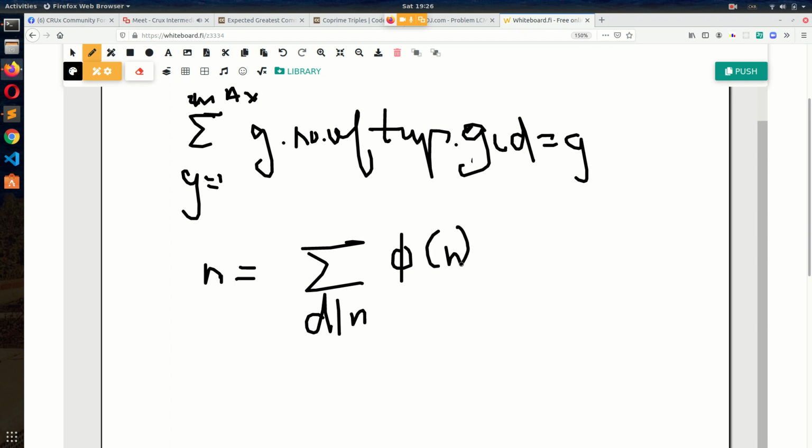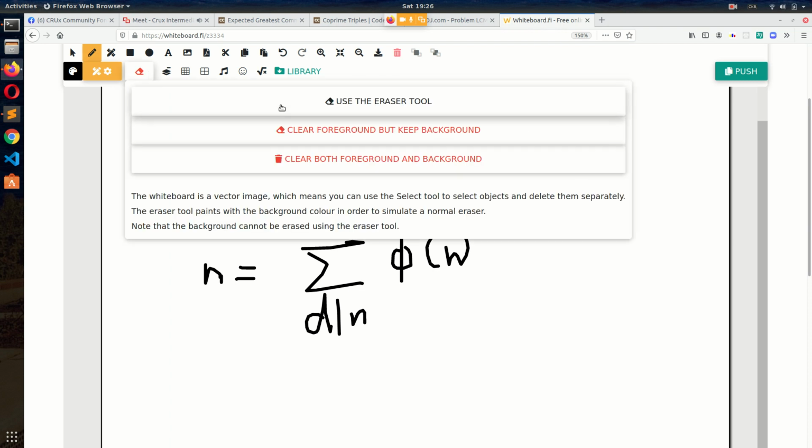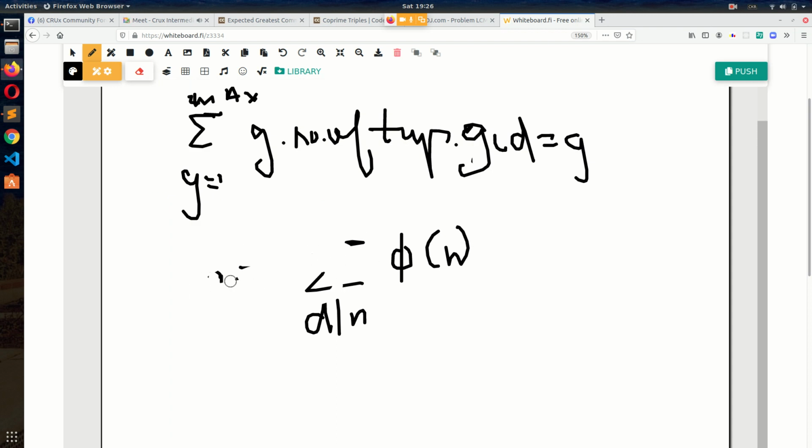I mentioned it earlier, and I purposely said, why would anyone write n in this way, because this was the key to this problem. So you can write g in this way, and this would make your life a lot easier here.